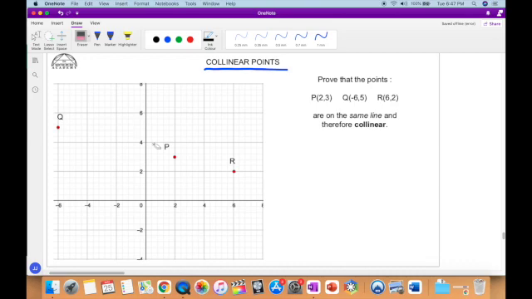So you could actually show the bigger one, Q to R. There are many different ways to do it. If you could prove that one of the vectors is a scalar multiple of the other, which is the same procedure as proving that they're parallel, well then you're technically showing that they are collinear.